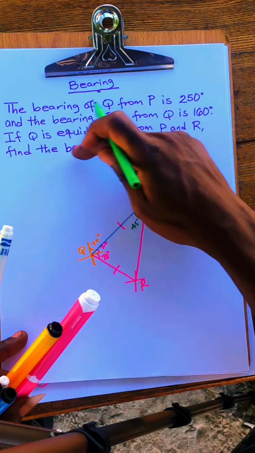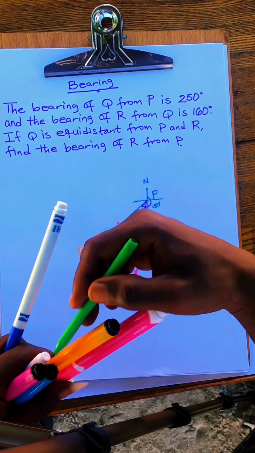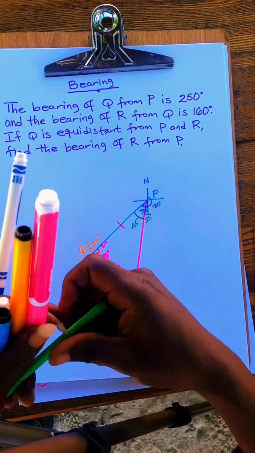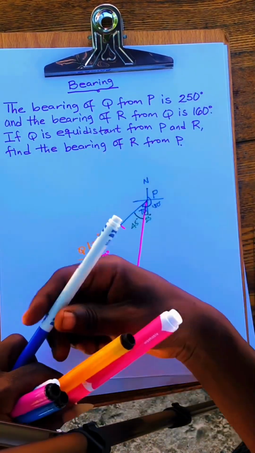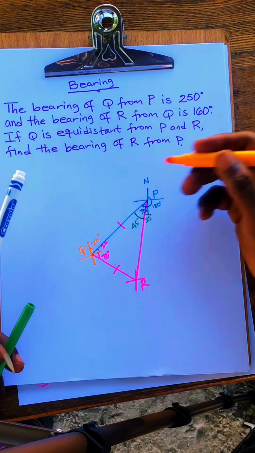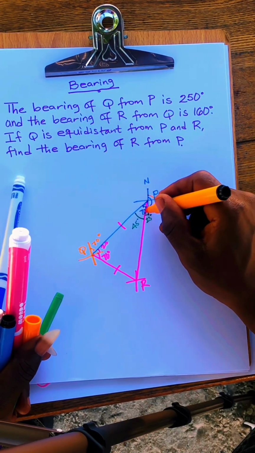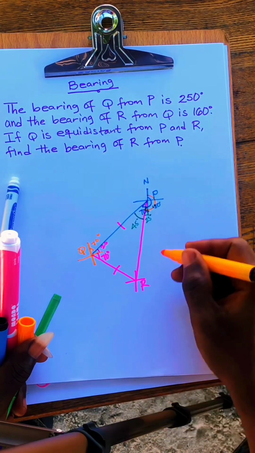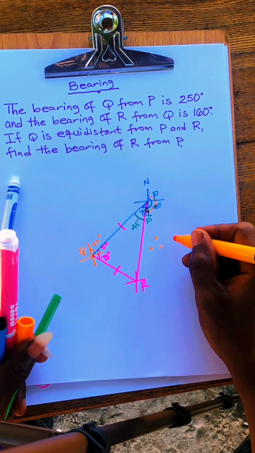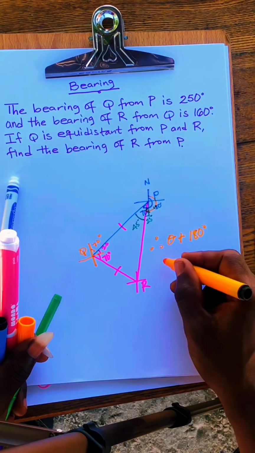The next thing, we are going to find the bearing of R from P. The bearing of R leaving from P will be the additional angle added to the 180 degrees. So from the first initial line to the south there is 70 degrees, and when you subtract 45 degrees from 70 degrees, you have 25 degrees. So the straight line to point P is 180 degrees, and we can represent the 25 degrees as theta.